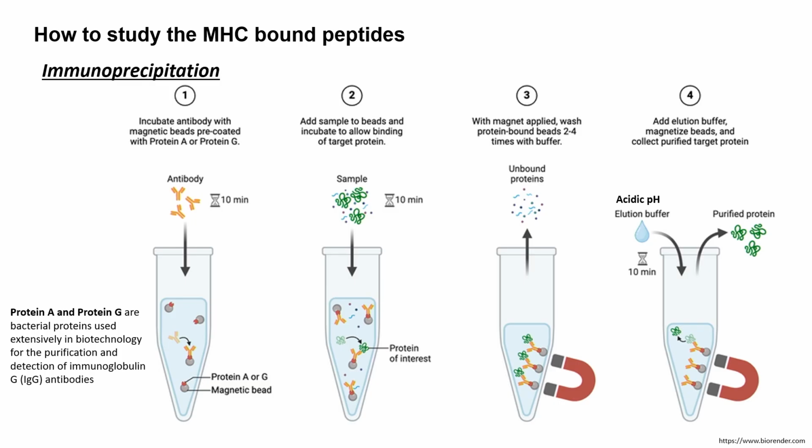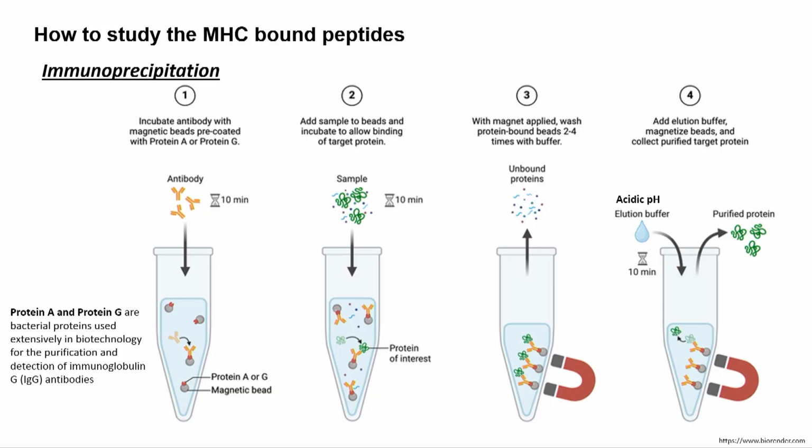That's a critical thing. We know that MHC is docking the peptide. We have understood the variations in MHC1 or MHC2 molecules, but we don't know how to study the peptide, and that's critical, because unless we know what peptides are bound to those MHC, we can't study much. So there is a method called immunoprecipitation, a way where immune cells are utilized to precipitate the antigens.